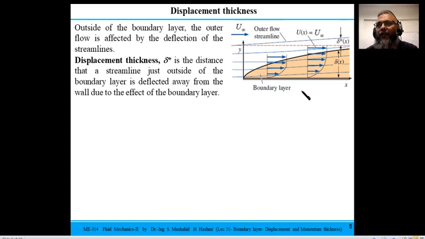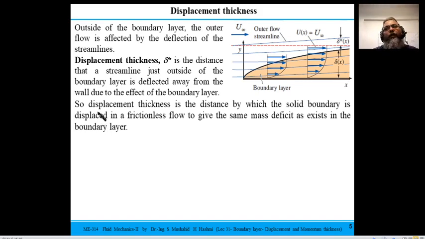The displacement thickness, which we represent by delta star, is the distance by which the streamline just outside the boundary layer is deflected due to the boundary layer effect. Since it has been displaced, we call that thickness the displacement thickness.